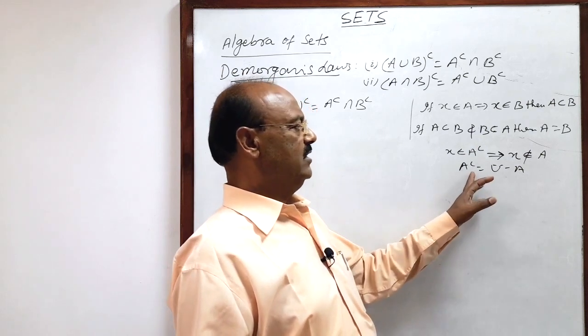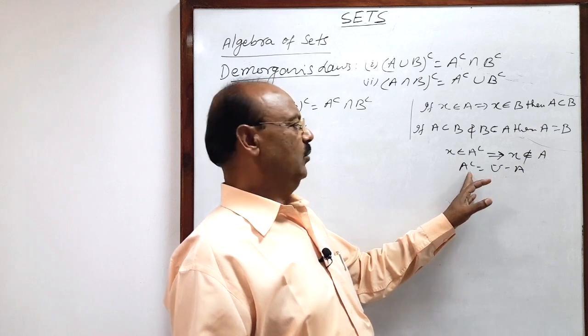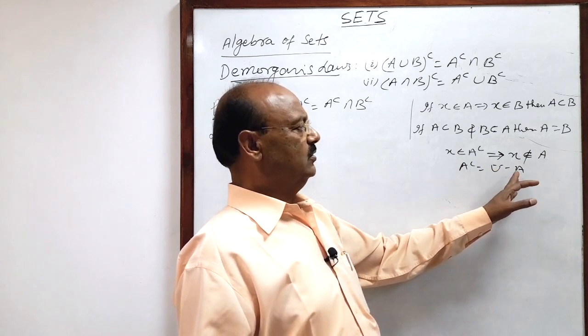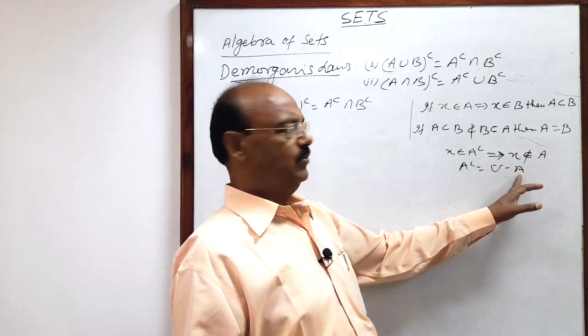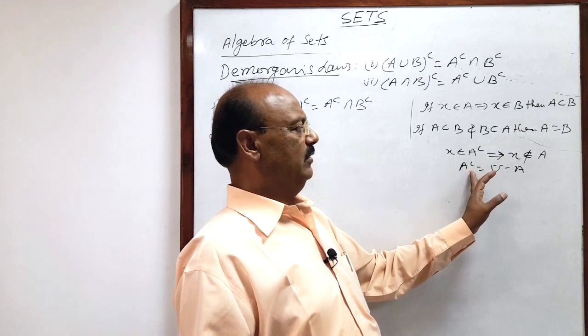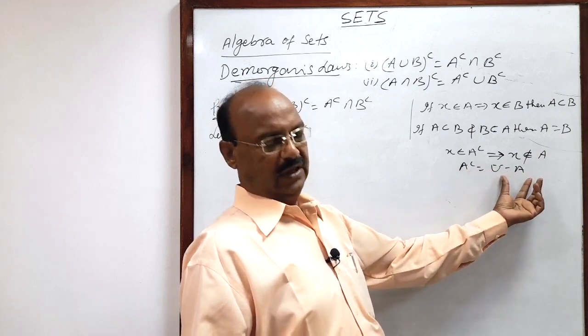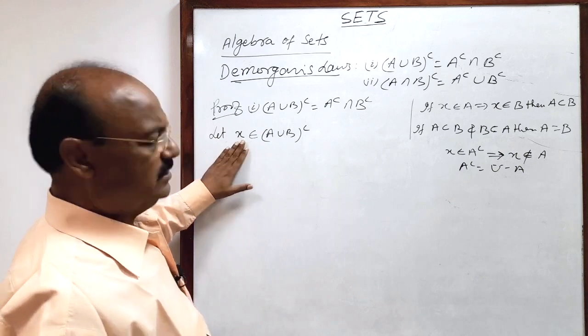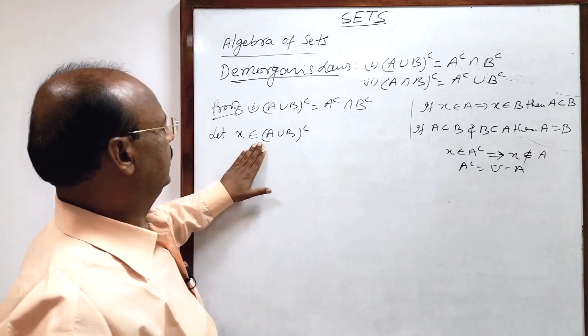So A complement we can obtain by subtracting set A itself from the universal set. Since set A is being subtracted from the universal set, an element belonging to A complement will not belong to A.